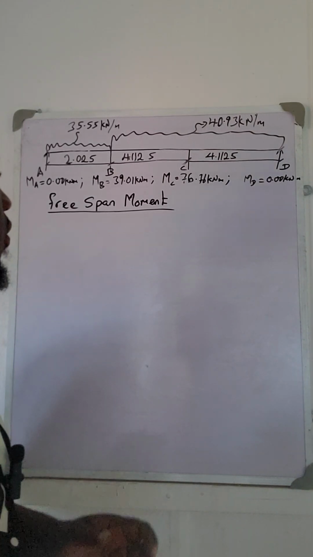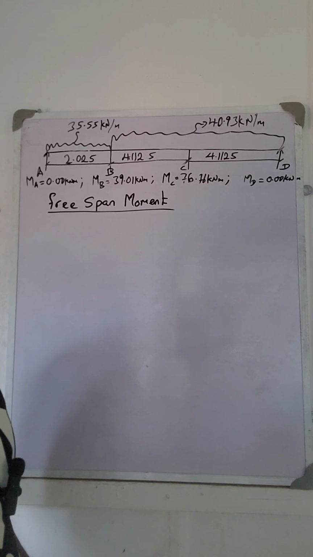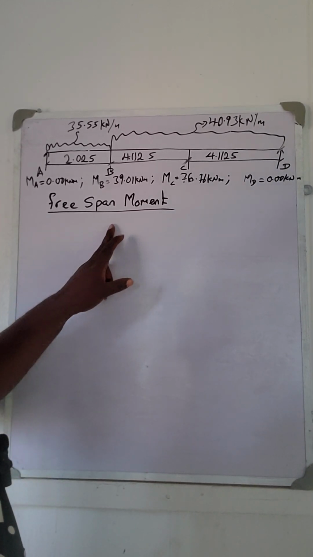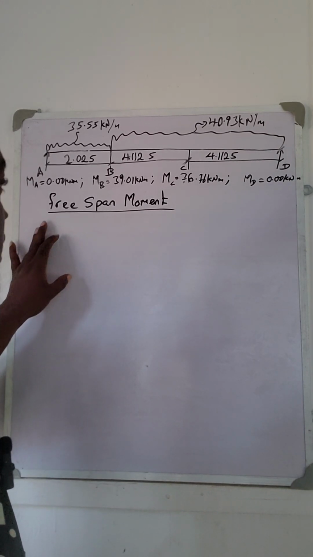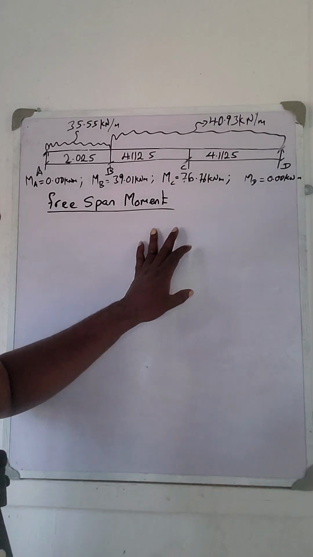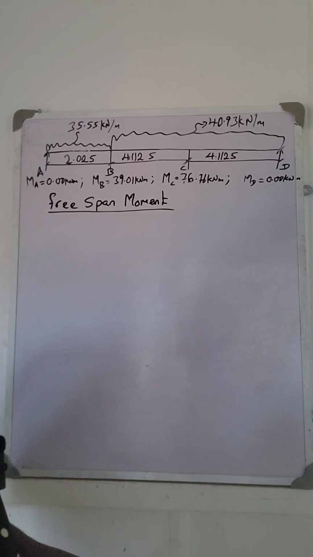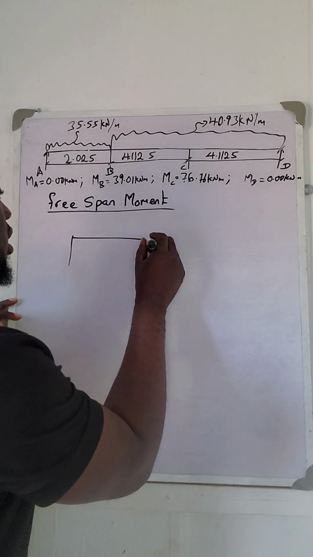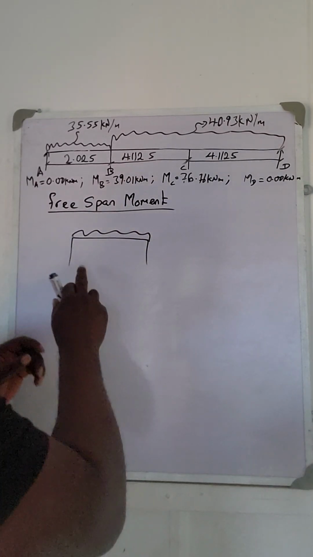What is free span movement? Free span movement is the maximum movement that occurs when a beam is simply supported at its ends and is subjected to uniform loading. For instance, we have this one. This is simply supported.